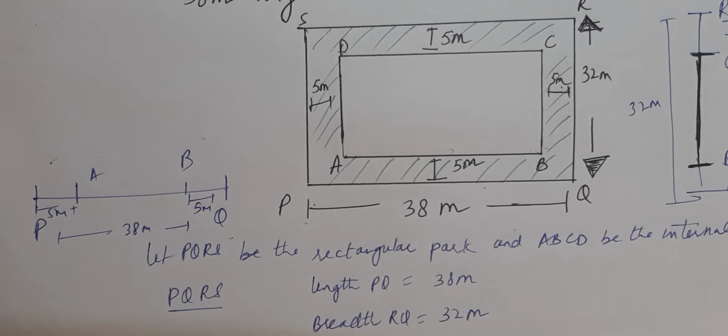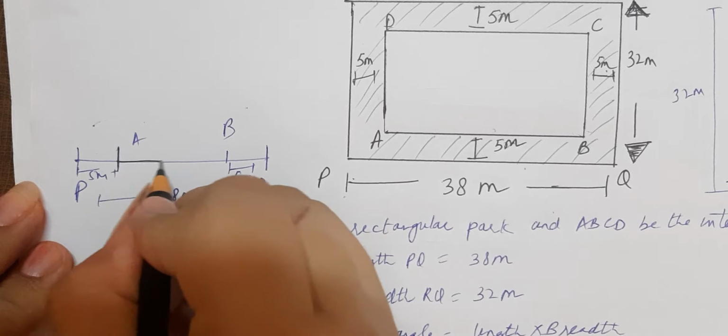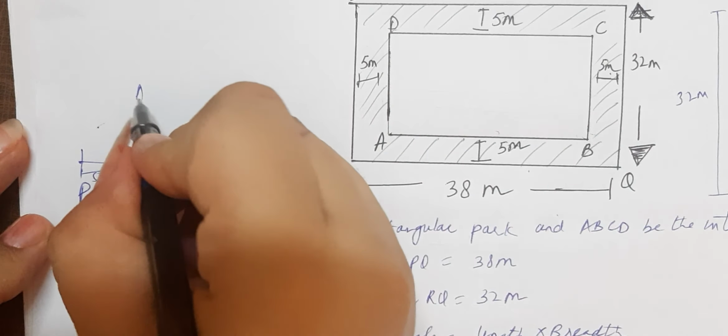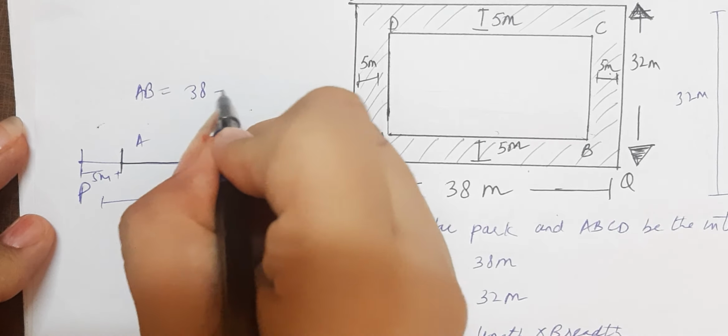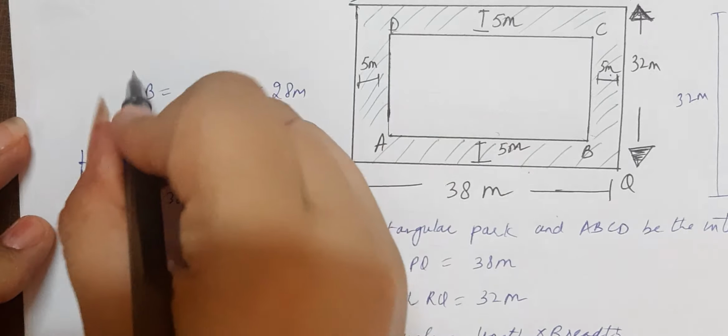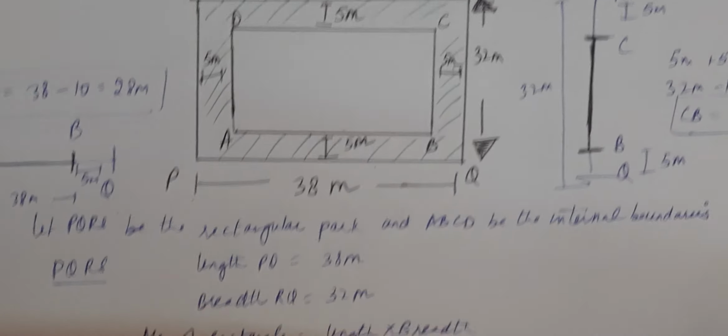I have to find the length of AB. Again the same thing. To find AB, I will subtract 10 from this, and it will be 28 meter. So now I have the values of AB and CB.